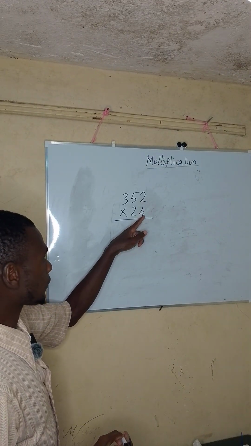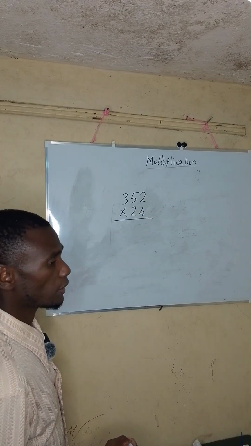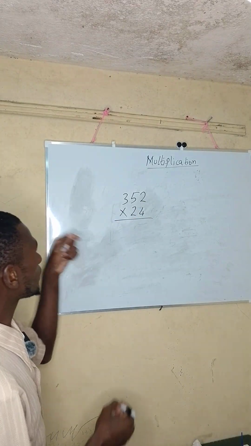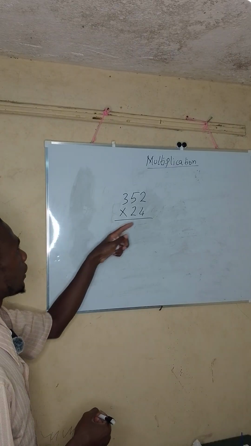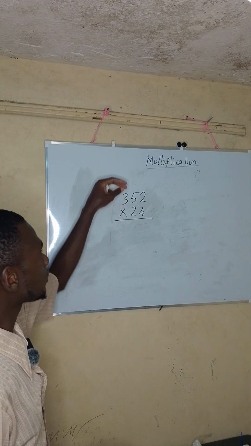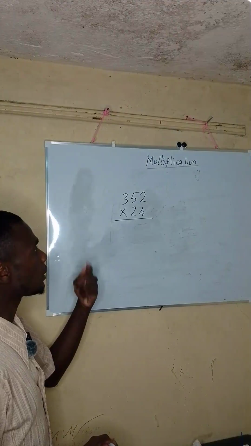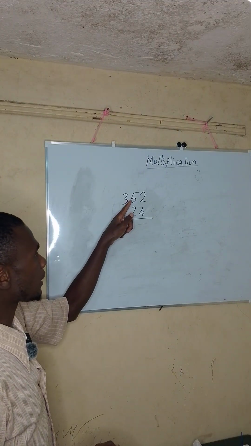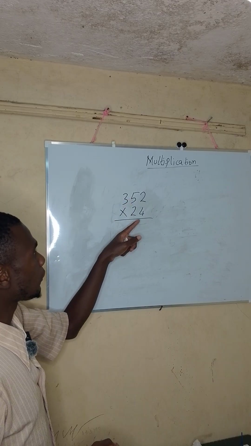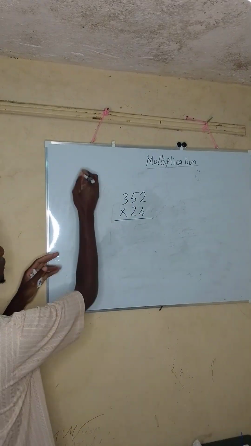This number is 4. This bottom number must multiply all the 3 numbers. So the first thing to do, because you don't want to be counting or adding for every number, we are going to check these 3 numbers on top for the highest, the biggest number. The biggest number is 5. So we need 5 4s. So we'll have the 4s, 5 of them.